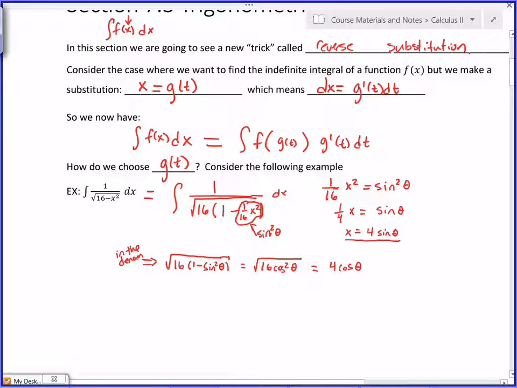Okay, so now I'm going to do a couple of things here. I just want you to follow me. First thing I want to do is solve for theta. The first thing I did over here was solve for x. I want to be able to do both.